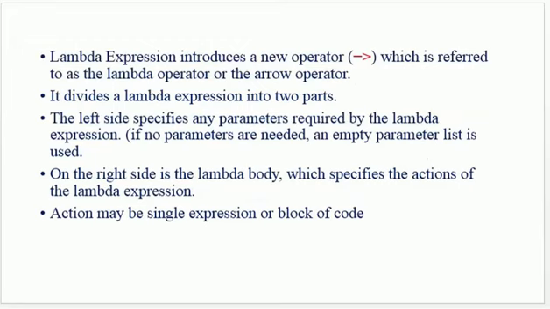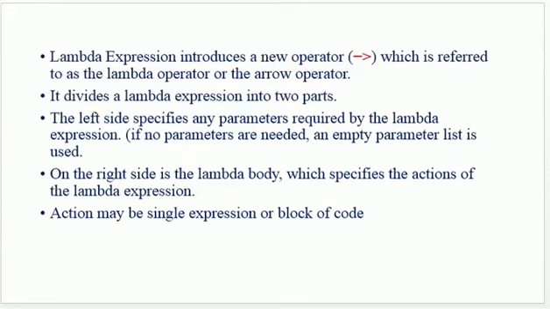So whenever I want to write lambda expression, I am going to write the expression with arrow operator. We say that it's a lambda operator. So we write lambda operator, and we divide our expression into two parts.